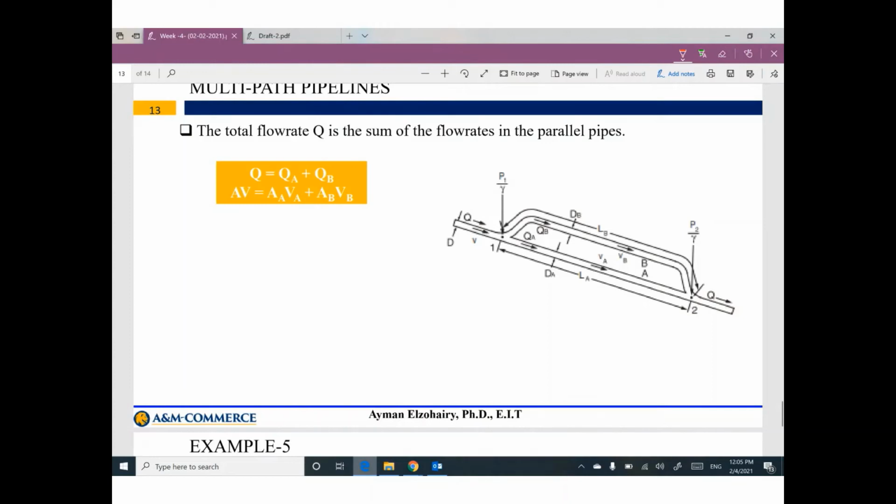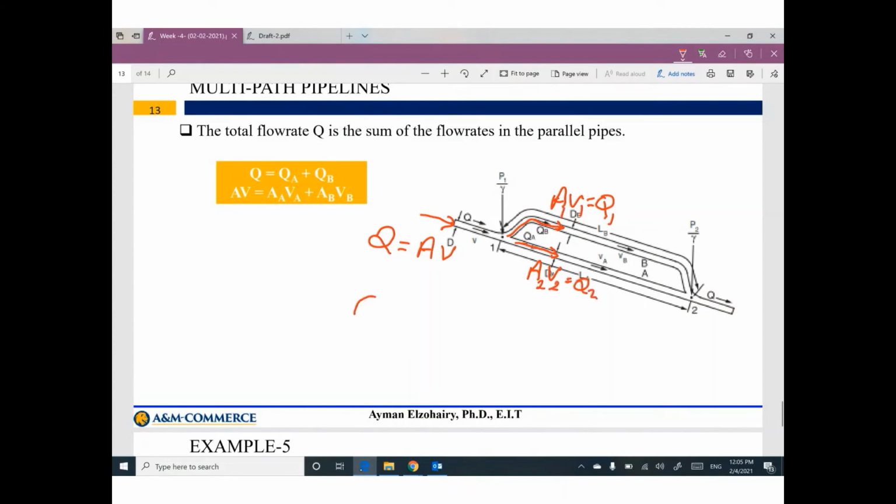As I told you, if you have a main entrance, so area V, which is Q at this entrance, and this entrance is divided into two branches, this one and this one. In this one, we have area V, which is Q1, for example, and this one area 2, V2, which is Q2.